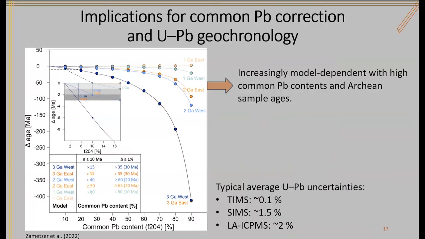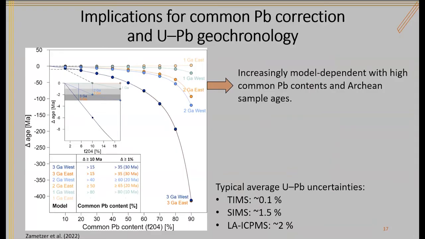The inset that is shown here tries to display the difference that it would make for common lead correction with high precision TIMS analyses that can have an uncertainty of only roughly 0.1%. That means the uncertainty of a 1 Ga analysis would be 1 Ma. The uncertainty of a 2 Ga analysis would be 2 Ma, and so on.